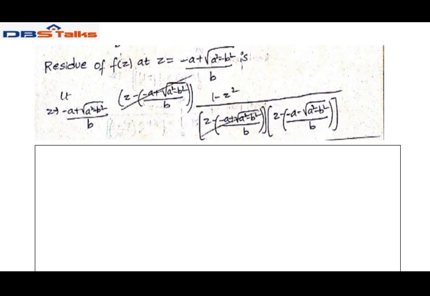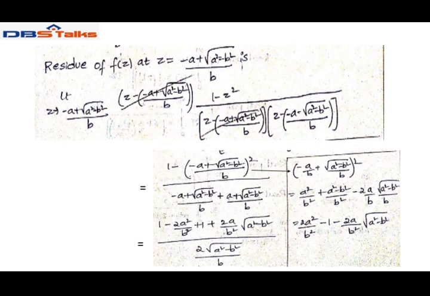It is limit z tends to a, that means minus a plus root of a square minus b square by b, of z minus a, that is minus a plus root of a square minus b square by b, into f of z. f of z is 1 minus z square by z minus of minus a plus root of a square minus b square by b, into z minus of minus a minus root of a square minus b square by b. Substitute the limit z tends to minus a plus root of a square minus b square by b.